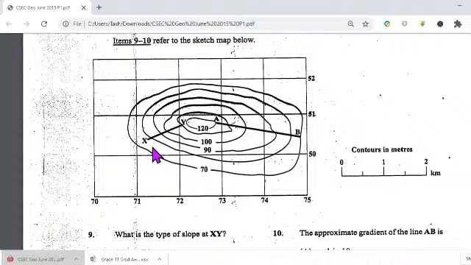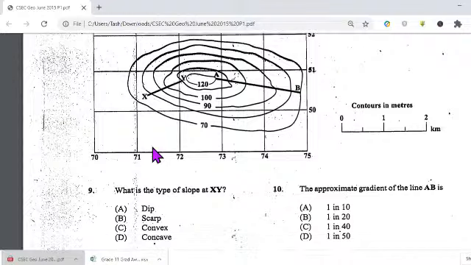So for number 9, what is the type of slope at XY? So let us look at the types of slopes that they have given us. We have a dip slope, scarp slope, convex, or a concave slope.